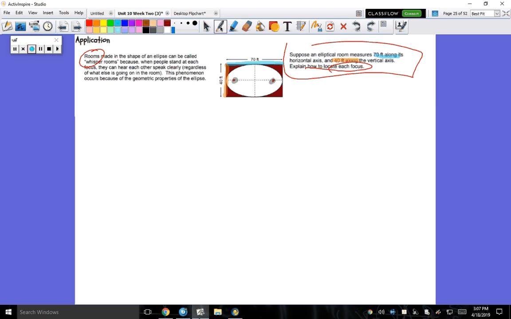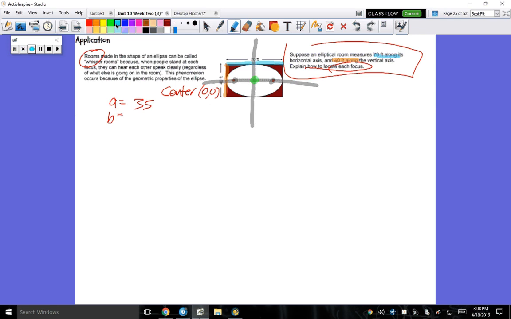So the way we're going to start this is we're going to determine that this center is right here at 0, 0. Let's call that the origin, per se. Okay? So if this is the origin, we'll say the center is 0, 0. Can someone tell me what A and B would equal if I made that the center? What would A equal? 35.